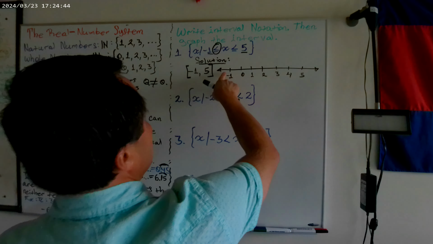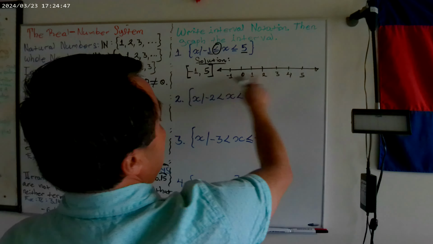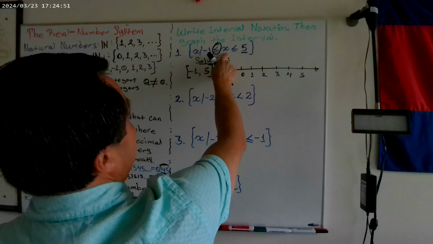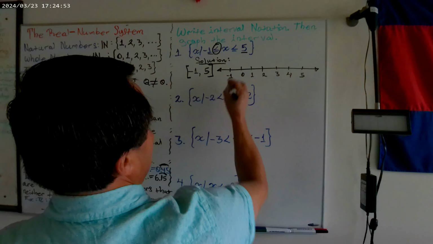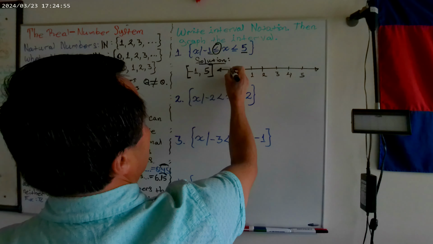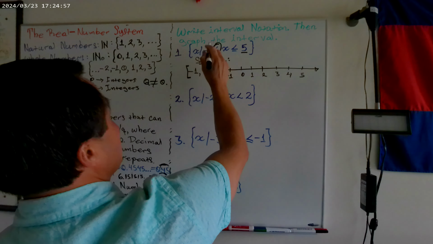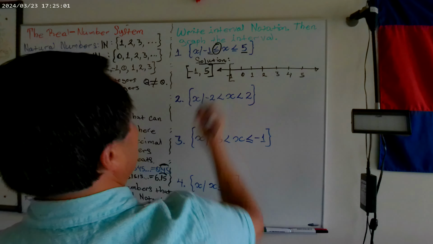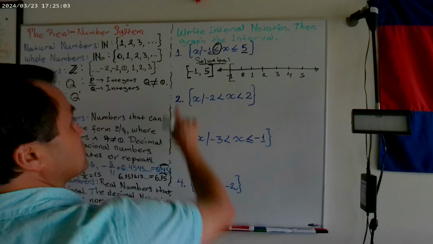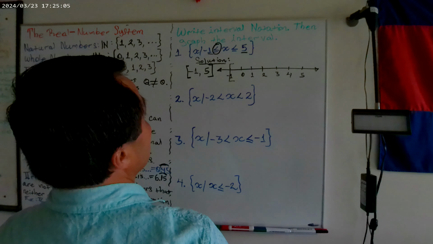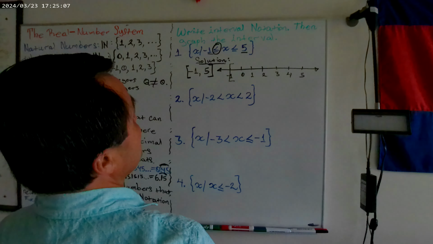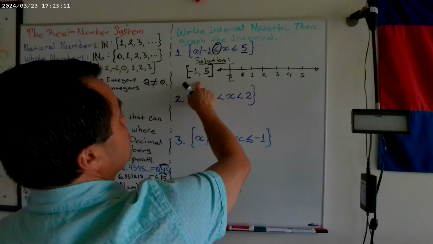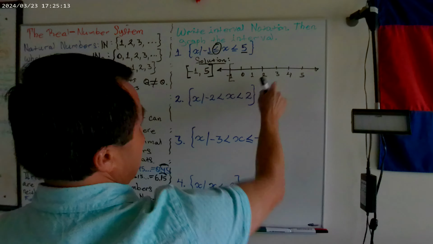Let's locate minus 1 and 5. The exercise says that x is greater than or equal to minus 1. Is minus 1 included? Yes, because it says greater than or equal. So we write the same symbol that we wrote in the interval notation. To be clear, this is the interval notation and this is the graph.